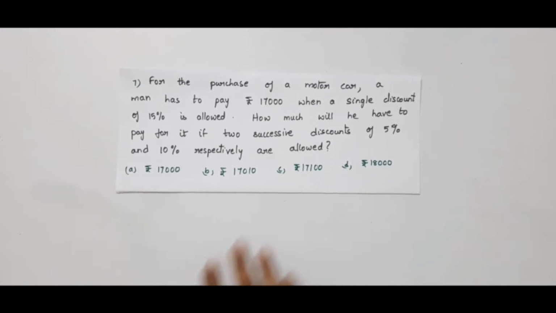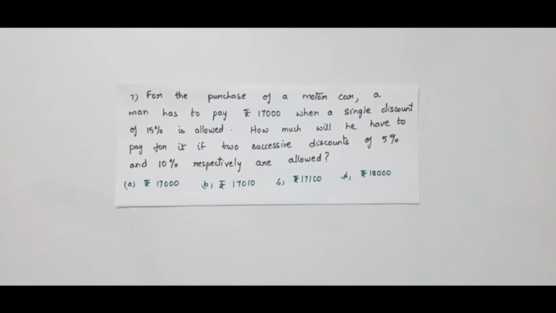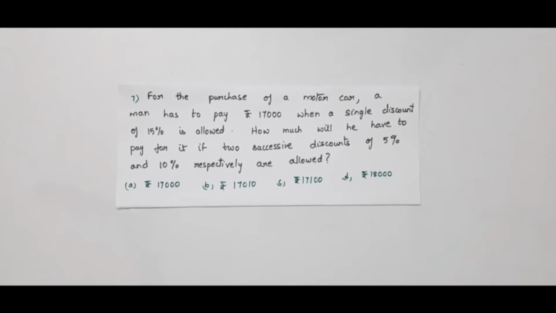Next problem. For the purchase of a motor car, a man has to pay rupees 17,000 when a single discount of 15% is allowed. How much will he have to pay for it if two successive discounts of 5% and 10% respectively are allowed?